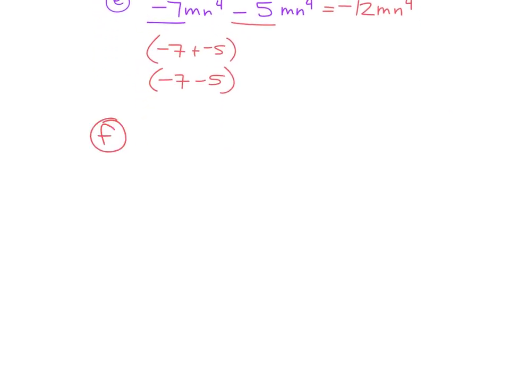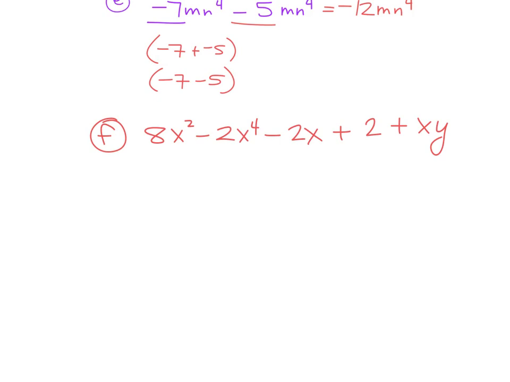How about this one? 8x squared minus 2x to the 4th minus 2x plus 2 plus xy. None of them are like terms.